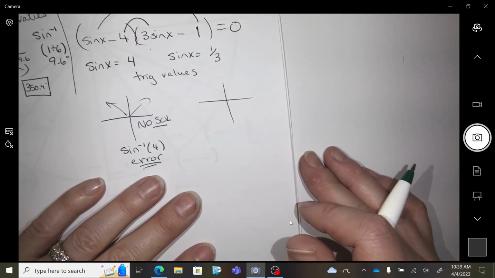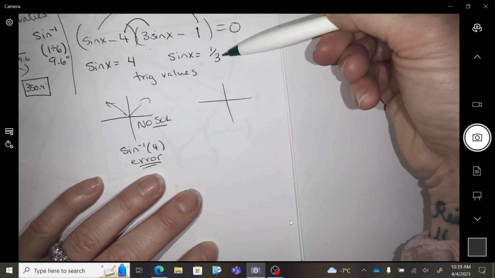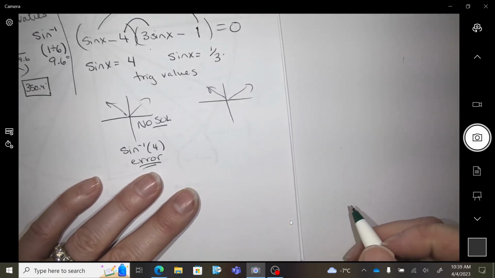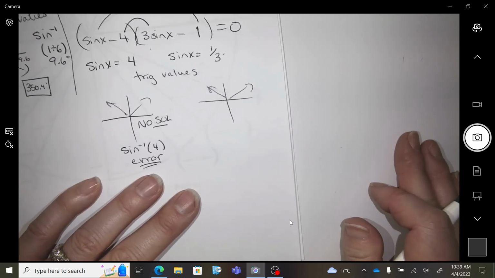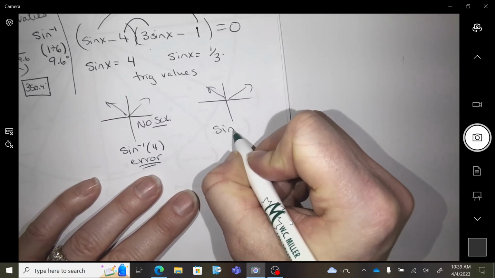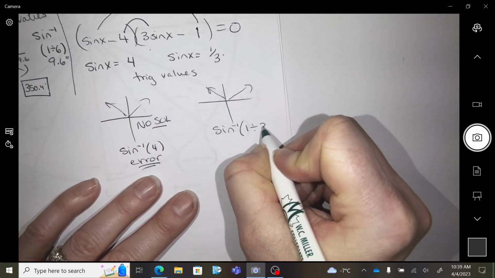Okay, the next one. So this time I'm looking at the trig 1/3, positive sine. So I find my quadrants. Sine inverse.